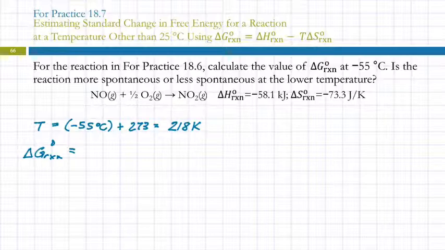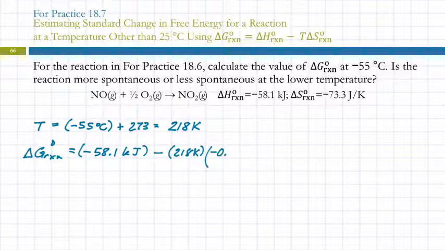So delta G, then we're going to take our delta H, minus 58.1 kilojoules, minus the temperature times delta S. I'm going to put that into kilojoules again.